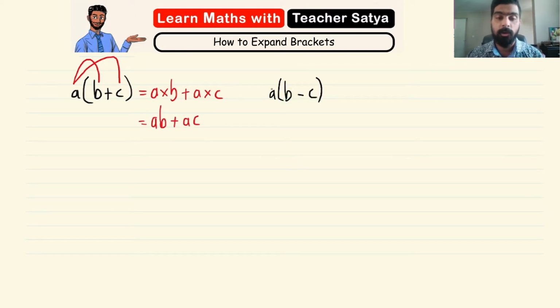So in this case we'll take a multiplied with b and then a multiplied with negative c. So we have a multiplied with b minus a times c. Make sure this minus also follows around. It's very important. Therefore the final answer we will have is ab minus ac.